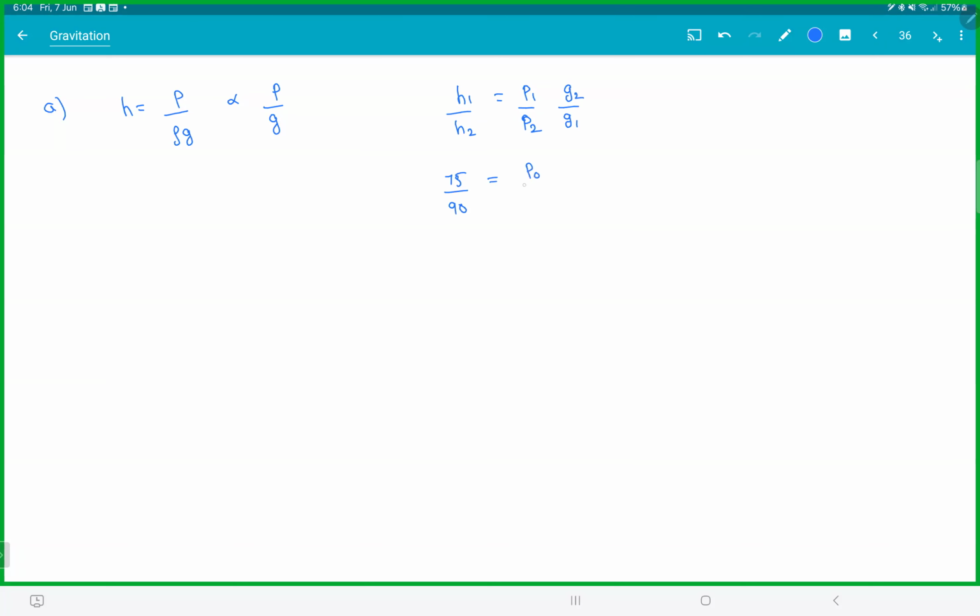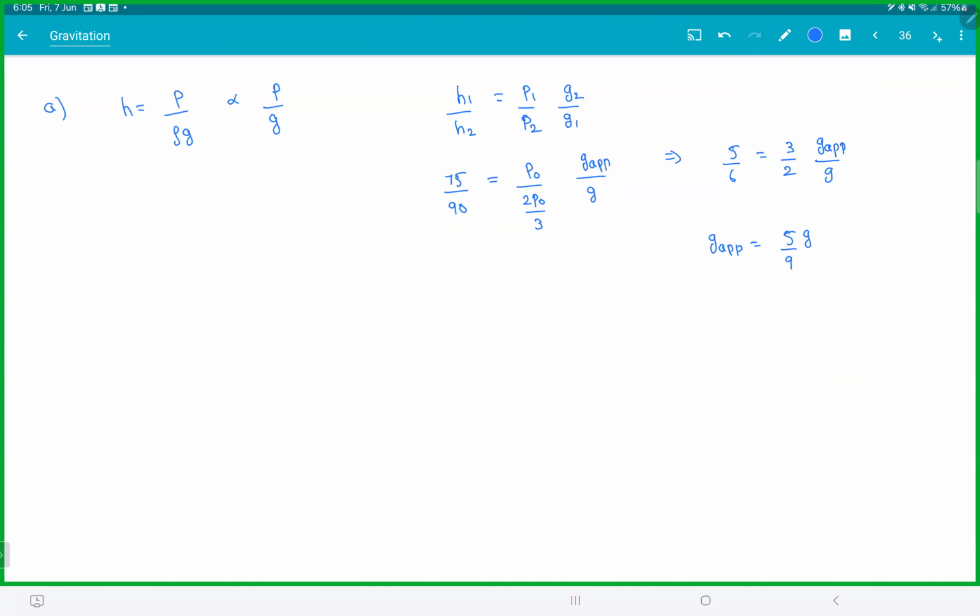Initially pressure is P naught, final pressure is 2 P naught by 3. P naught will cancel. That would be 5 by 6, 3 by 2, G apparent by G. So G apparent would be 5 by 9 G.